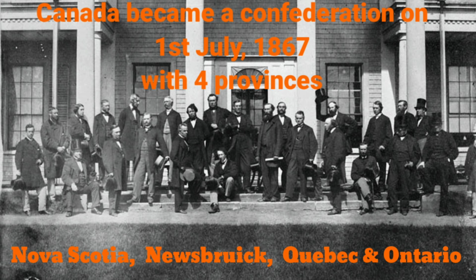The provinces are Nova Scotia, New Brunswick, Quebec, and Ontario. They came together on July 1st, 1867, and formed Canada, and that was the moment Canada became a confederation. I hope you ponder on that. If you want additional information, do your own additional research online.